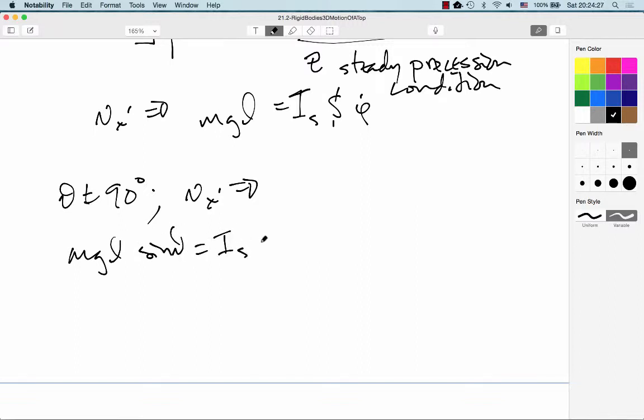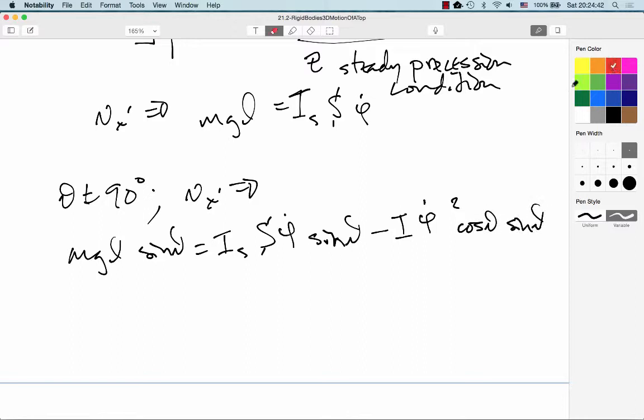That'll be equal to I_S S phi dot sine theta minus I phi dot squared cos theta sine theta. So at least the small favor is all the sine thetas cancel.